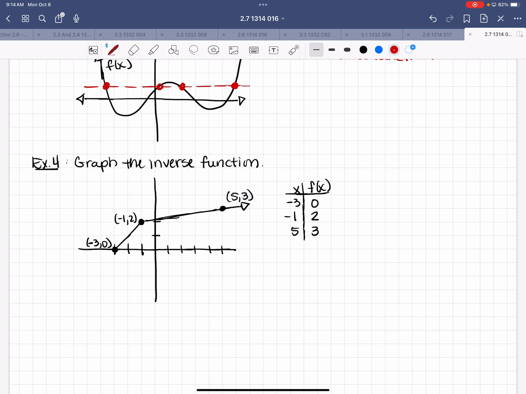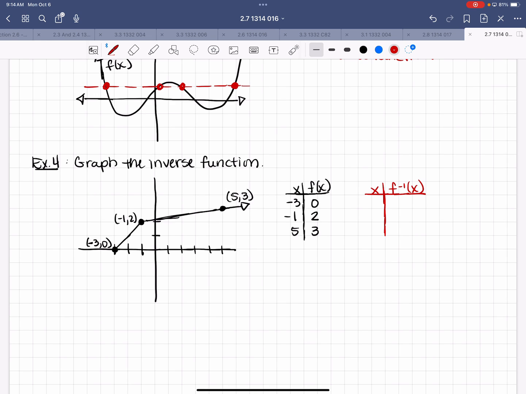Now, when I get ready to find that inverse table, well, what did we do to find the inverse equation? We switched x and y, right? Switch x and y, solve for the new y, and then turn it into f inverse of x, right? We're going to do the same thing here, except there's no equation. All you got to do is switch the points.